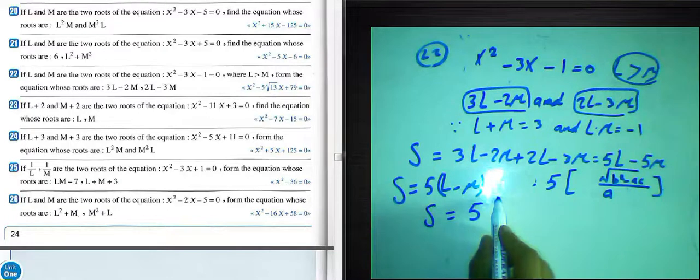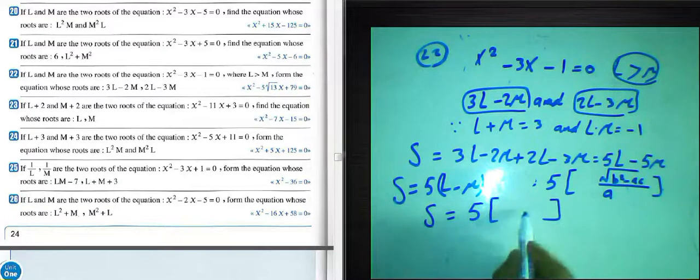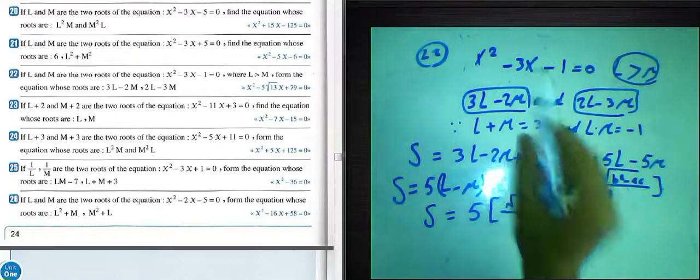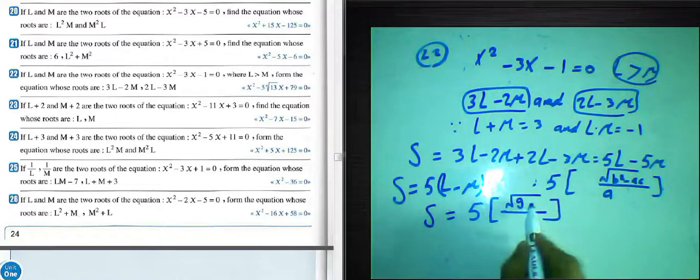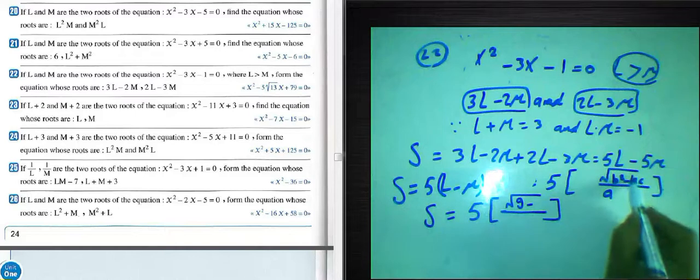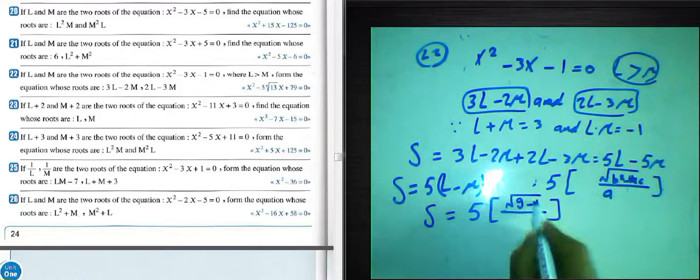Then we can find the sum. 5 multiply root of b power 2, here b was negative 3 will be 9, subtract 4AC, 4 multiply A equal 1, multiply C equal negative 1, negative multiply negative positive.